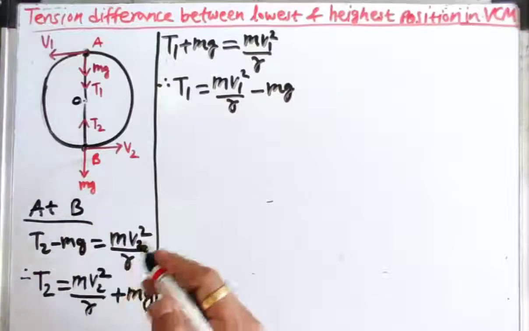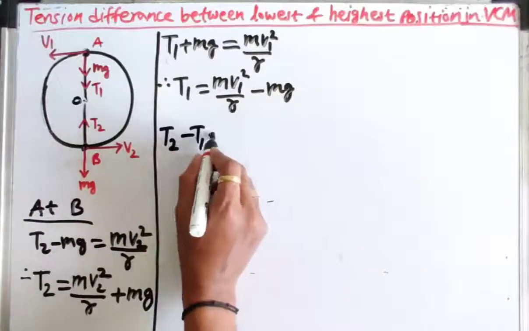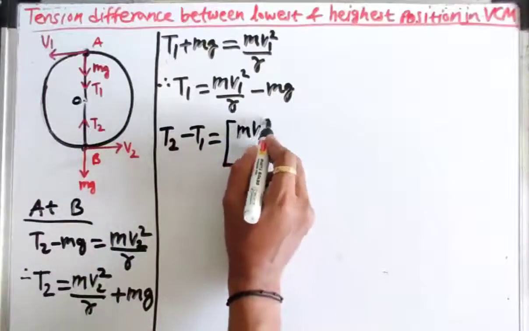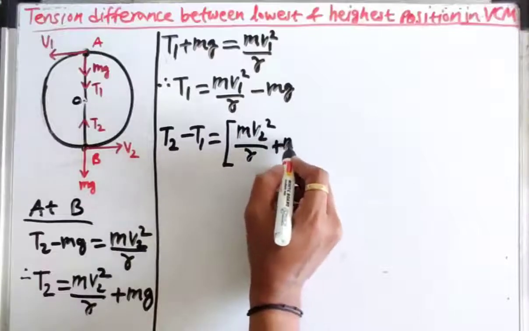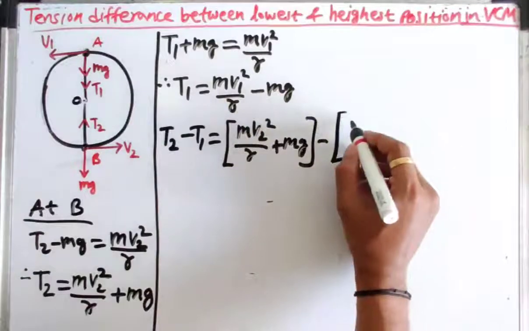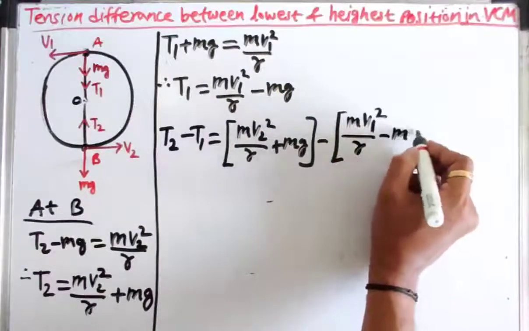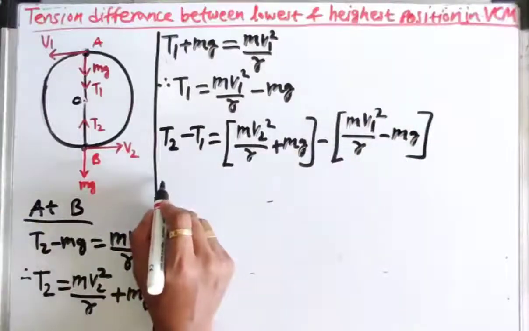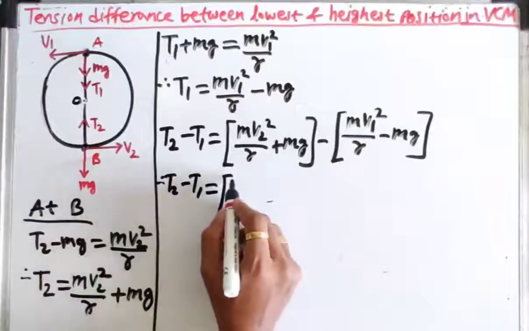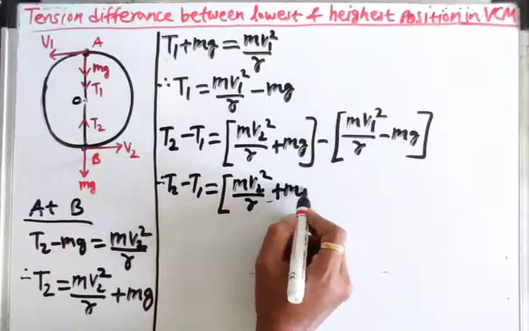Now for finding the tension difference, we can write T2 minus T1 is equal to mv2 square upon r plus mg, minus T1, that is mv1 square upon r minus mg. Therefore T2 minus T1 is equal to mv2 square upon r plus mg.